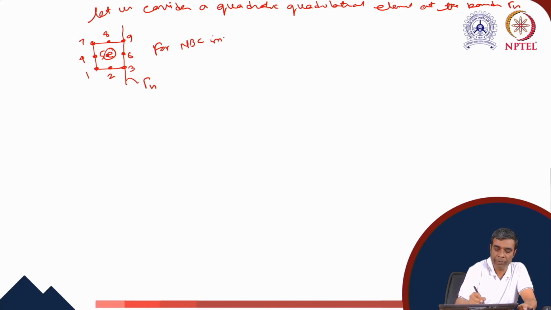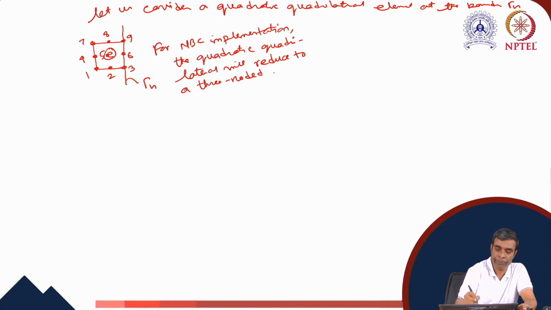So for NBC implementation, the quadrilateral will reduce to a three-noded or quadratic bar element.